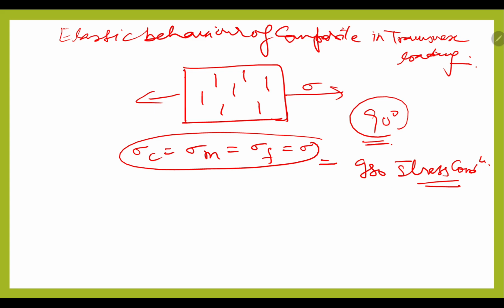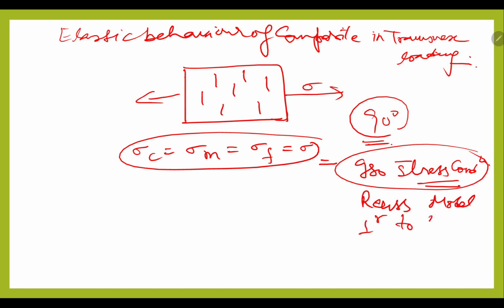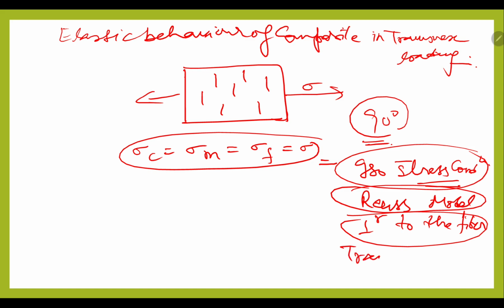And to calculate the elastic modulus of composite in transverse loading, this is also called the Reuss model, and perpendicular to the fiber condition. These are also the synonyms for this condition and transverse loading.